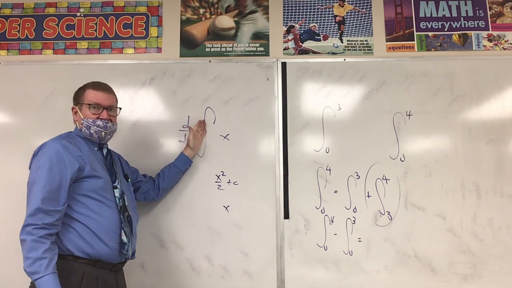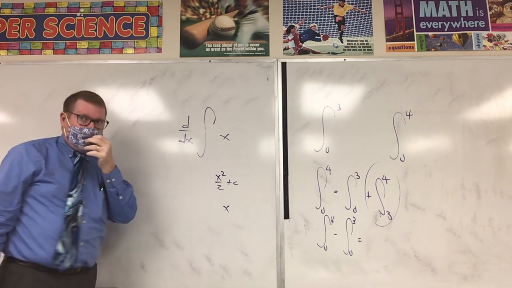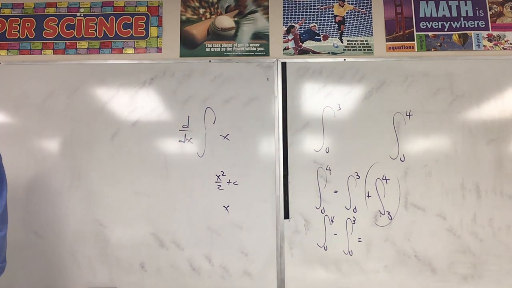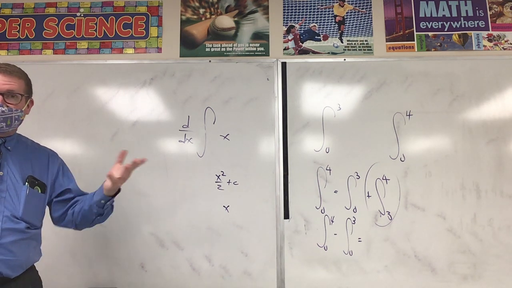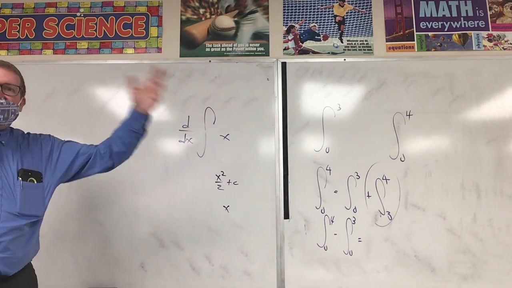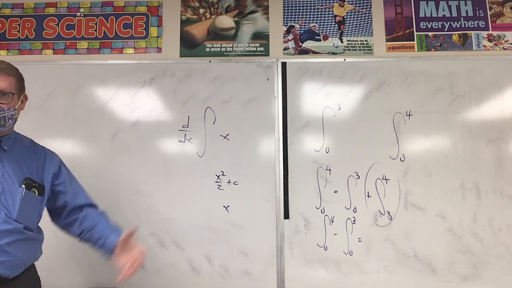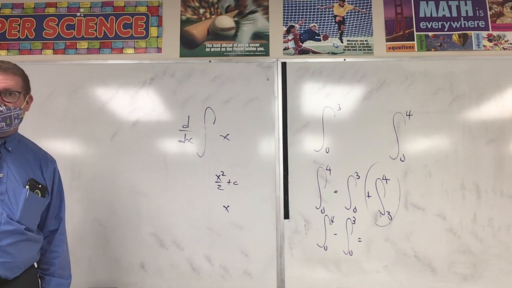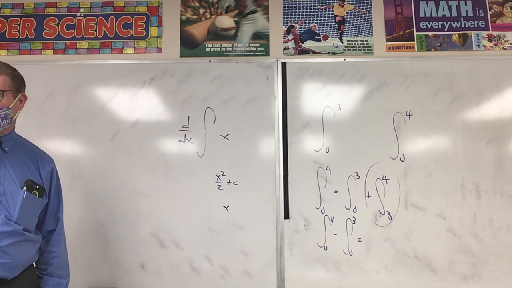Okay, I get x. So that's basically what we're doing. We're just canceling it out. It's sort of like squaring a square root. What happens when you square a square root? It just cancels out and gets the number inside. So what happens when we take the derivative of an integral? It cancels each other out, and we're just left with the number that we have. That's basically what it's talking about.